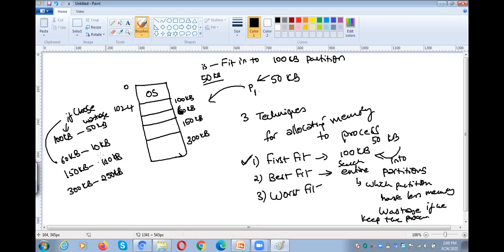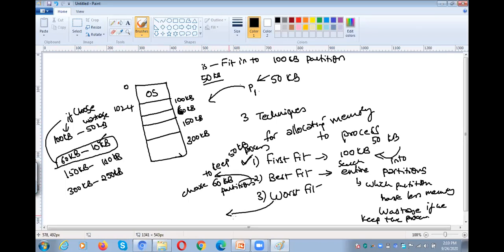So among all four partitions, the 60 KB one has the least wastage, only 10 KB of internal memory. So best fit chooses the 60 KB partition to keep the 50 KB process.